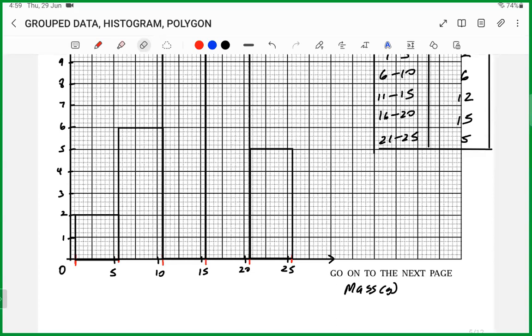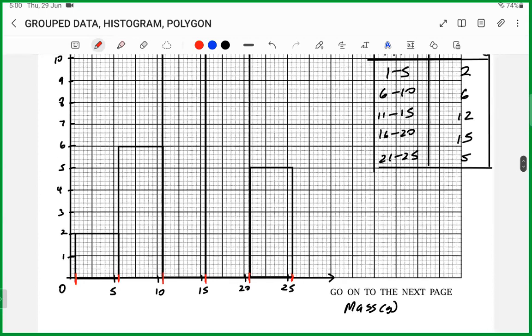So what that means is 0.5 is here, 5.5 is here, 10.5, 15.5, 20.5, 25.5. So mark that off now, in pencil, and it will make it easier to draw your bars. If you have your axes already, it shouldn't be too difficult. So I'm giving you maybe a minute to just put in the lines at where the boundaries are.